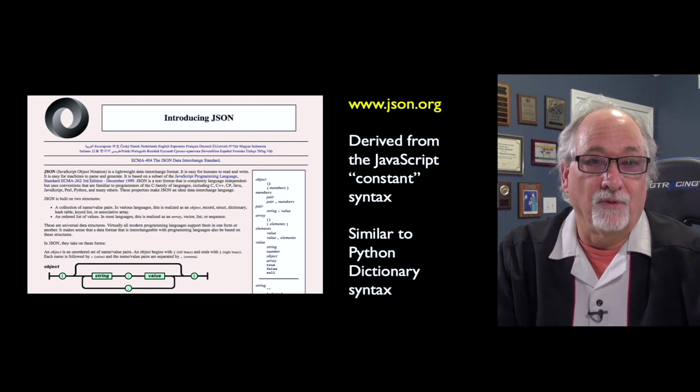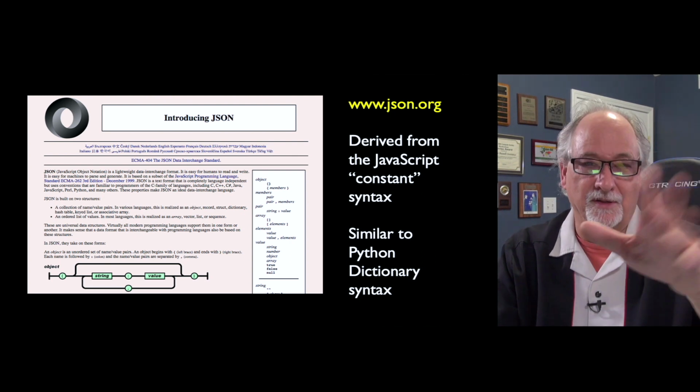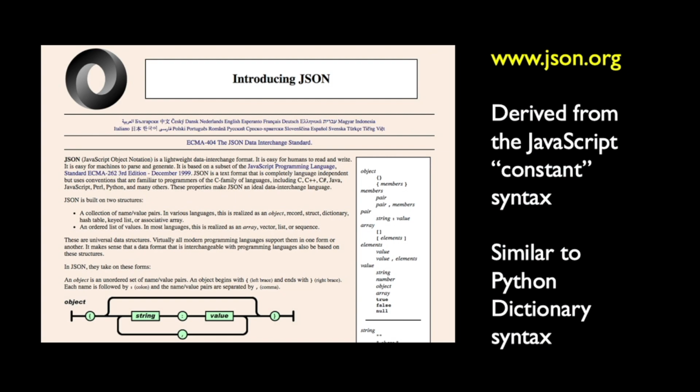So he registered JSON.org, and he talks about this in the interview between him and me. He registered JSON.org, and he wrote up a document that is JSON. Unlike most standards, it wasn't government funded, it wasn't a standards organization like IEEE or ANSI or anything like that. It was just Doug Crockford who wrote it. And it was such a good idea that people just started using it, and they referred to JSON.org.